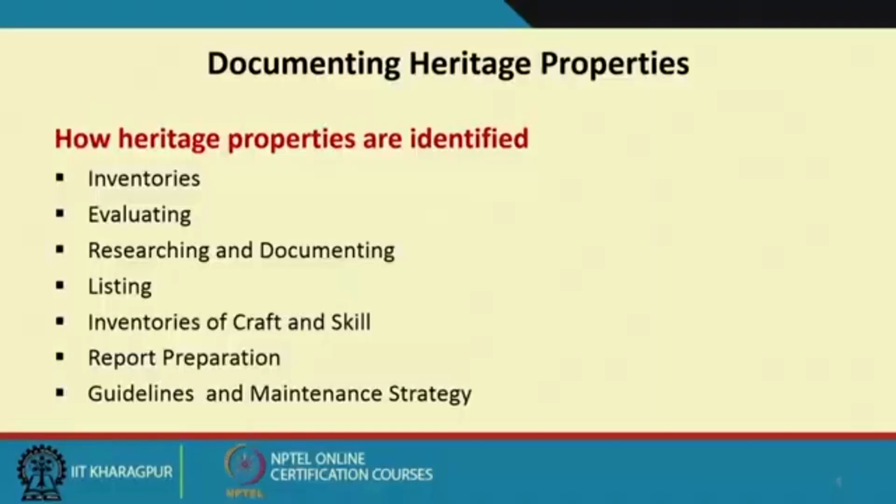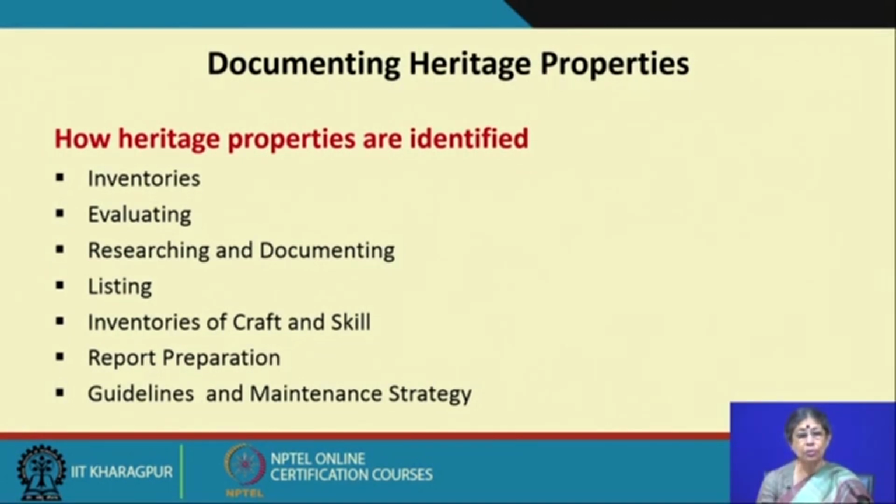The inventory and evaluation take a lot of research and documenting, and it definitely is a multidisciplinary approach, because a historian, structural engineer, architect, conservation architect, landscape architect, an artist, archaeologist, depending on the situation, different types of expertise, a chemist, and the botanical properties are also important. So, a multidisciplinary approach is required for this documentation process, and based on that, listing is done.